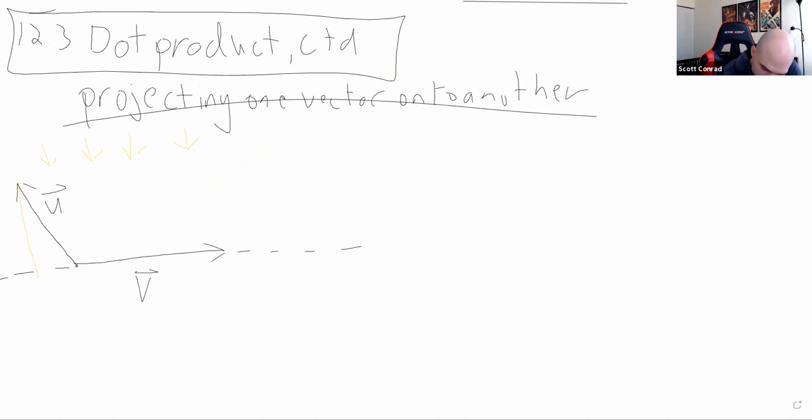It starts where U and V start and ends at the tip of that shadow here. This guy here. So that shadow right there is going to be the projection of U onto V. So we write it like that.